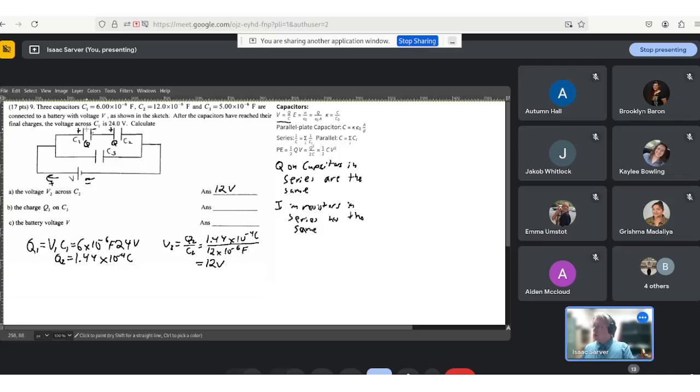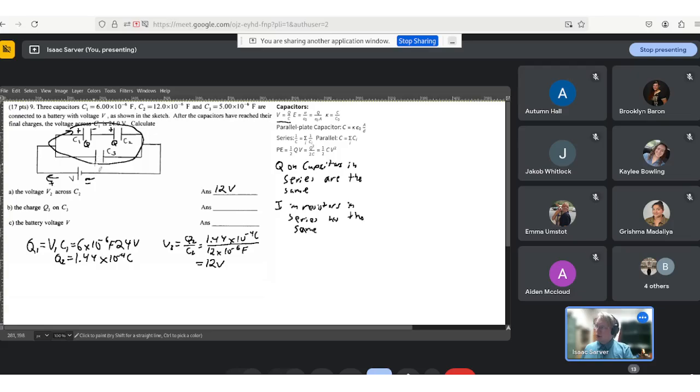So this guy here is 24 volts. And this is 12 volts. And if we went around a loop here, from Kirchhoff's loop law, that must be 0. So we have 24 here, 12 here, and then negative some V here.